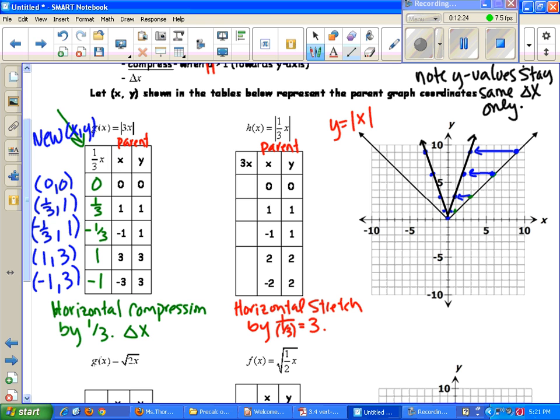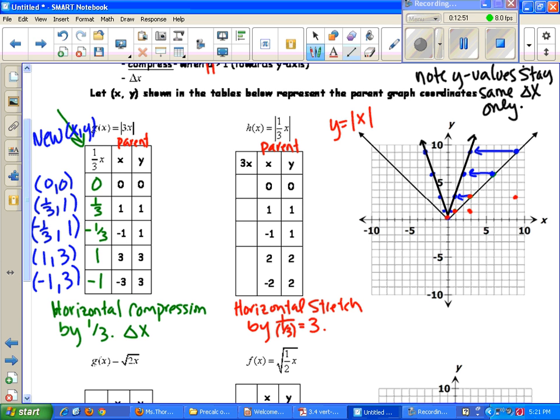So looking at my graph values that I have here, first I'll start with 0. If I have an x value of 0, 0 times 3 is 0. If I have an x value right here of 1, 1 times 3 would give me 3, which would be right there. Now if I take this x value here, that's an x value of 3. 3 times 3 would give me 9, so that's going to be all the way on this side.